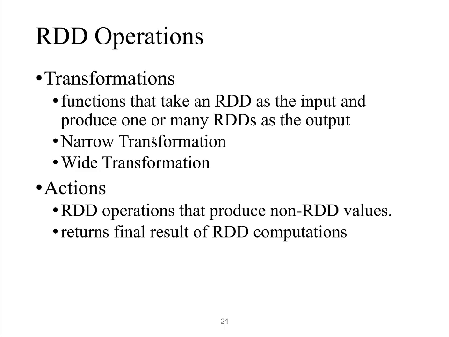A transformation is a function that takes an RDD as the input and produces one or more RDDs as the output, so the input and output are both RDDs. Transformations can be further divided into 2 categories, narrow transformation and wide transformation. We will introduce them later.